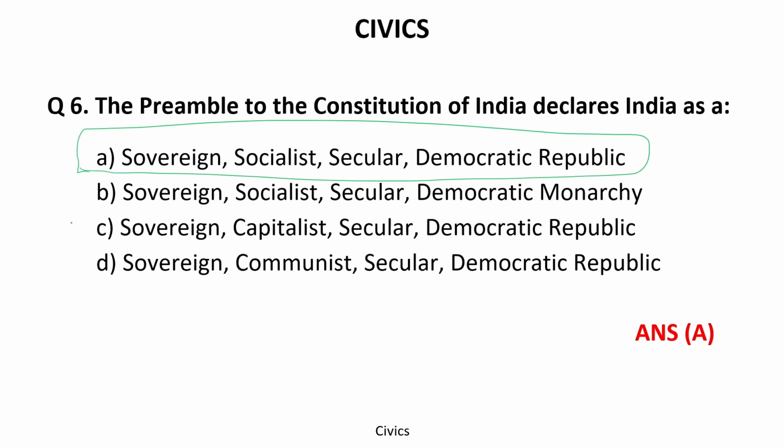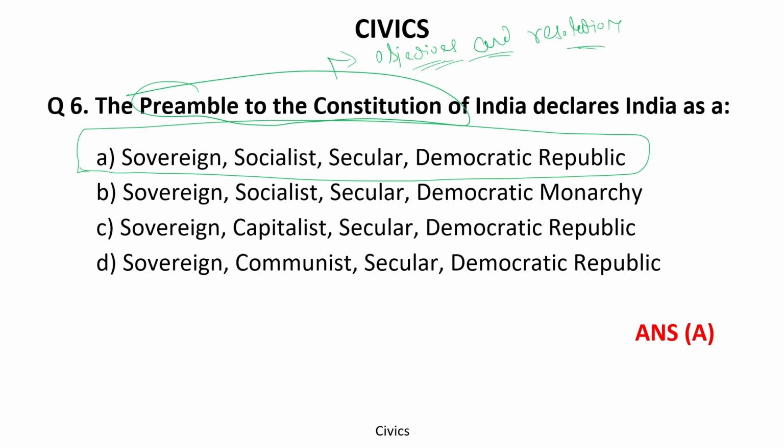The correct answer is A. And basically the preamble to the constitution is based on the objectives and resolutions. All right. These are the features of the constitution. But what about the aspirations, like what are the ideas to be adopted?